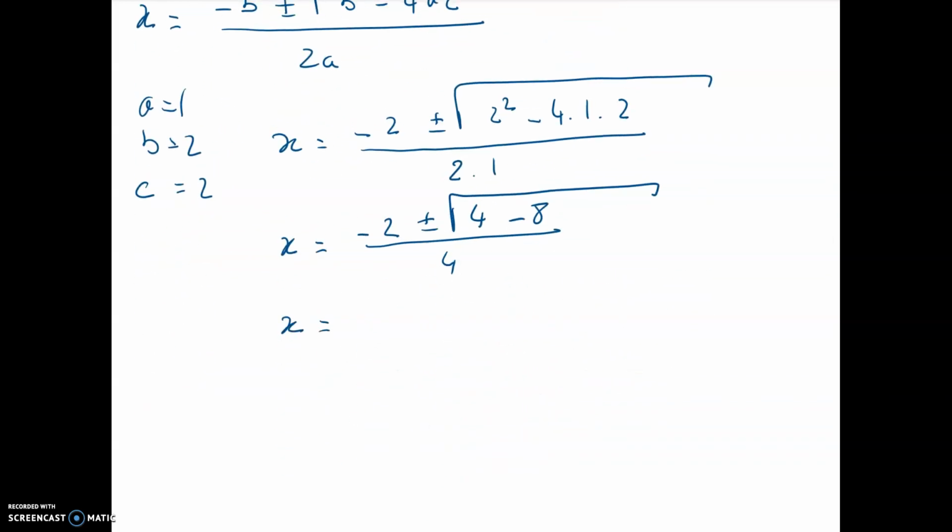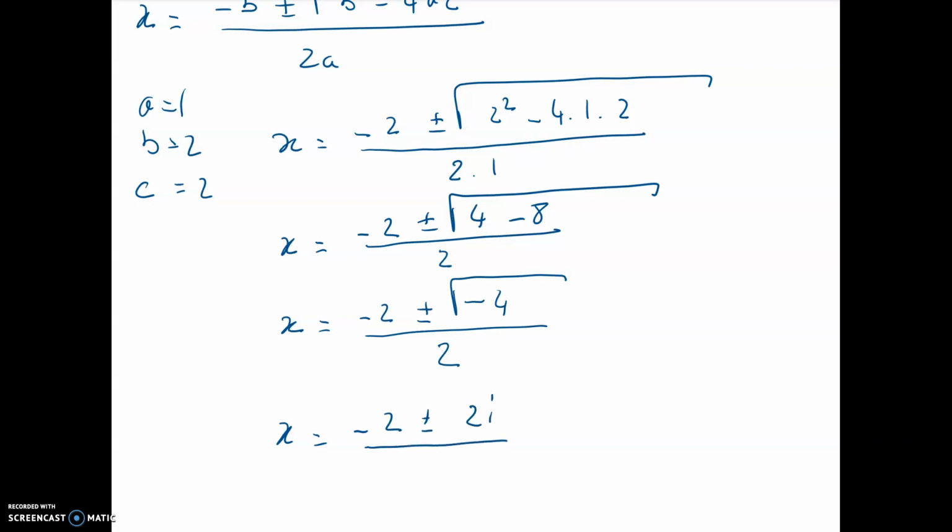So I end up with x equals negative 2 plus or minus the square root of negative 4, divided by 2. Why do I put 4 right here? It's a 2, I'm sorry. And so x equals negative 2 plus or minus 2i divided by 2, which gives me two solutions.